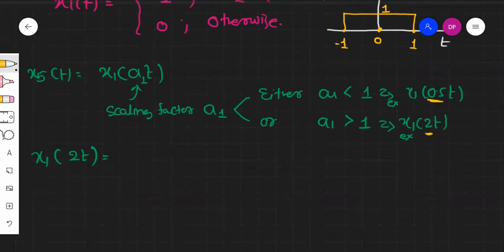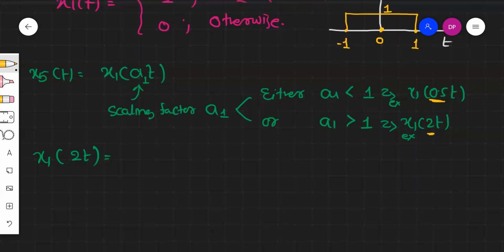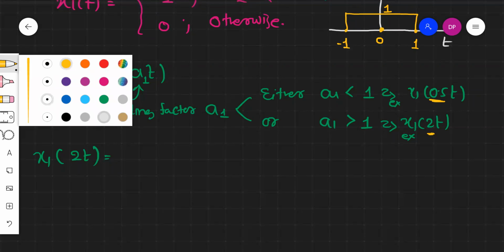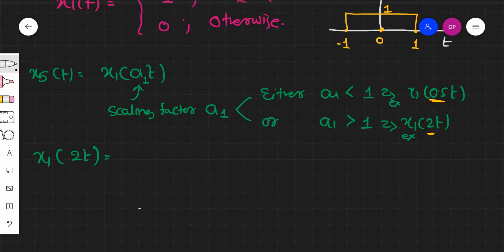So x1 of 2t. Can someone say how x1 of 2t will look like? I'm taking the x-axis here, that is time, and let's suppose this is the y-axis, this is 0.